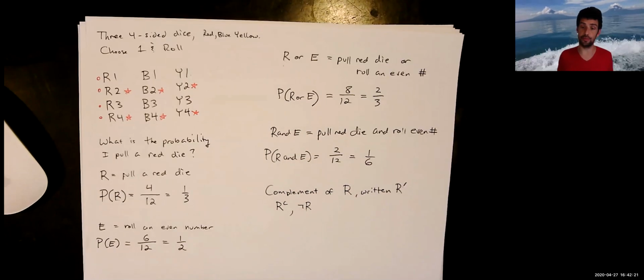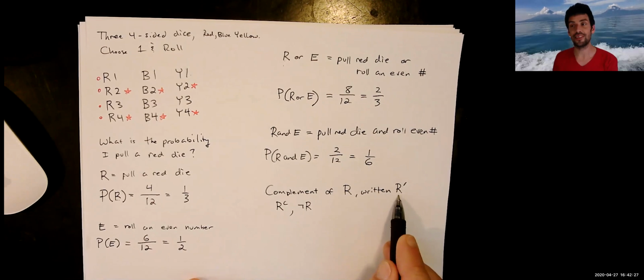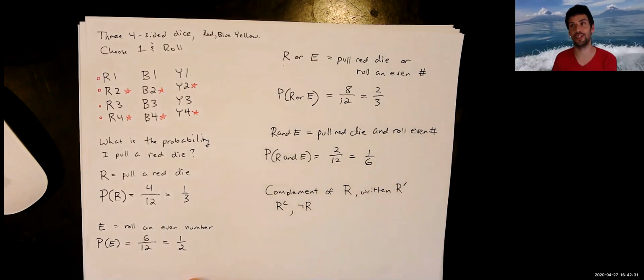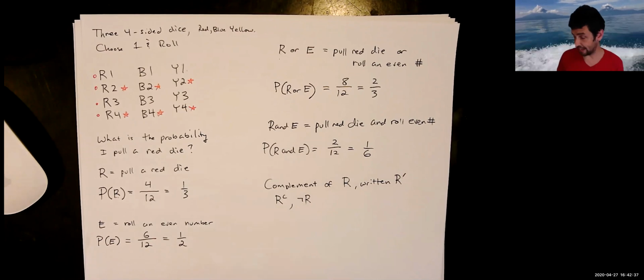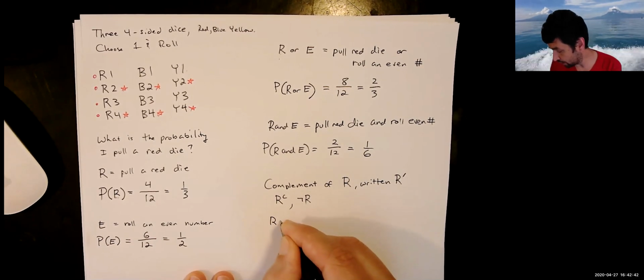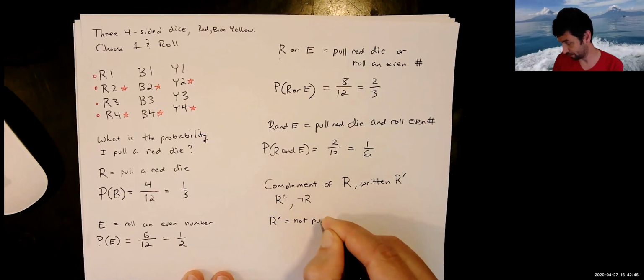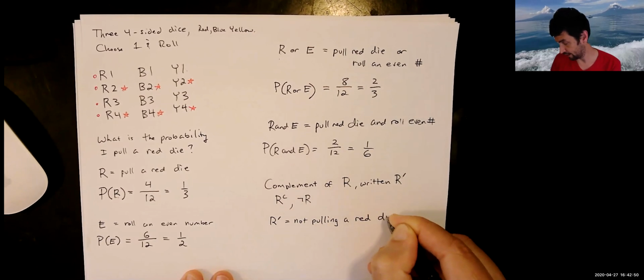But all the complement means is all of the other stuff, all the outcomes not in R, right? If an outcome is in R, it's not in not R, and if an outcome's not in R, it is in not R, if that's not too confusing of a sentence. So in this case, the probability, so R complement or R prime is not pulling a red die.